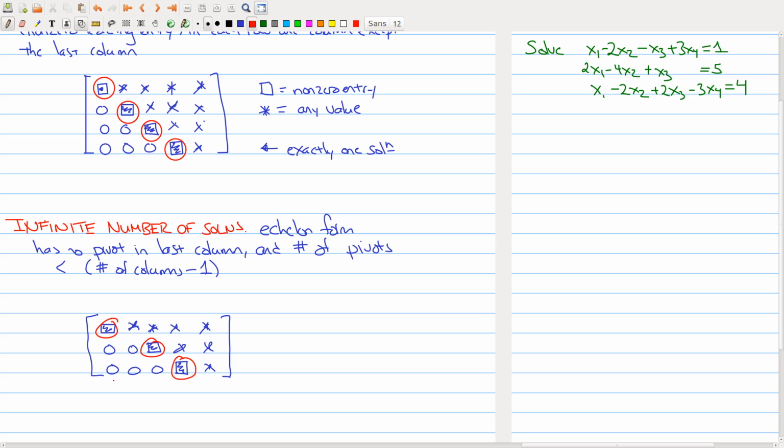And how many columns do I have? I have 1, 2, 3, 4, 5. So the number of columns minus 1 is 4. And how many pivots do I have? I have 3. Well, 3 is less than 4. So in this case, I will have an infinite number of solutions.